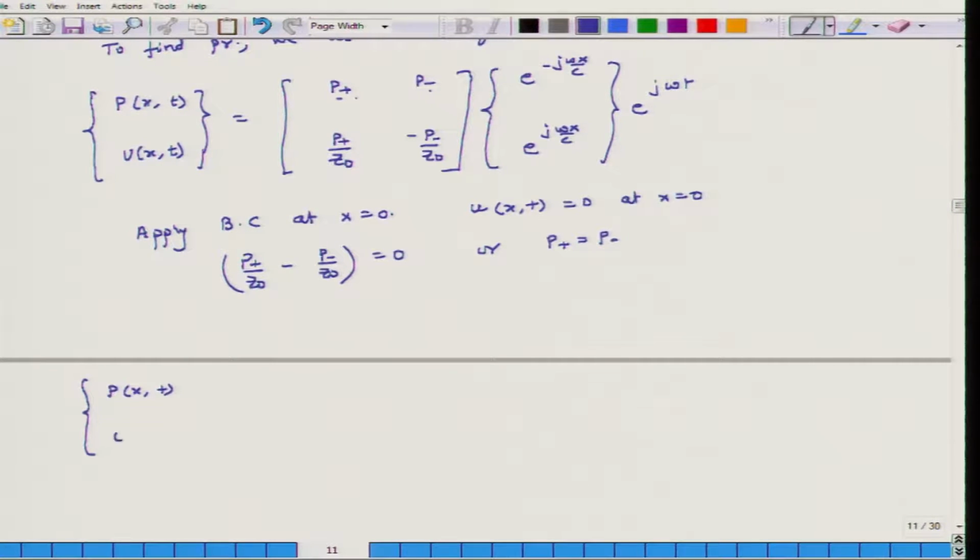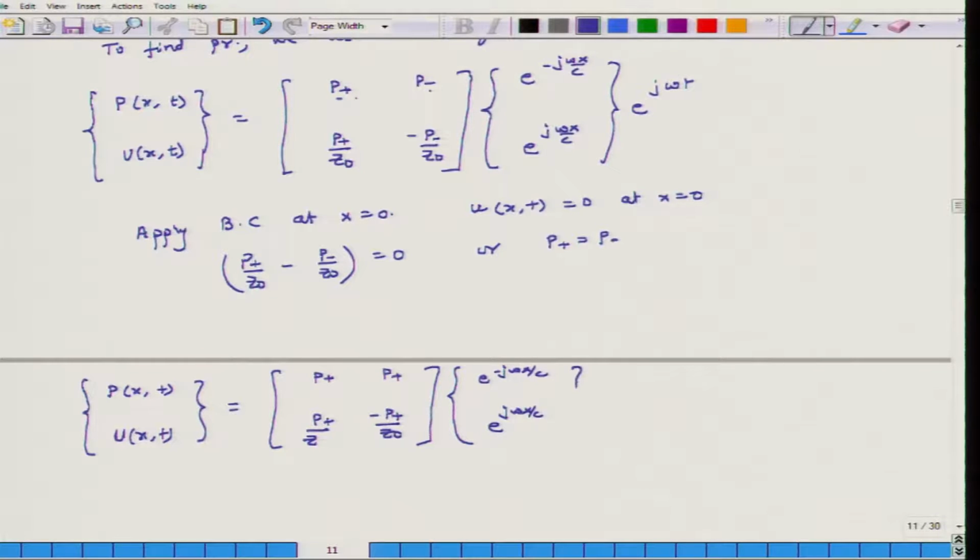P x t, and this is the complex velocity, is equal to P plus, P plus, divided by Z naught, e to the power of minus j omega x over c, e to the power of j omega x over c, times e to the power of j omega t.